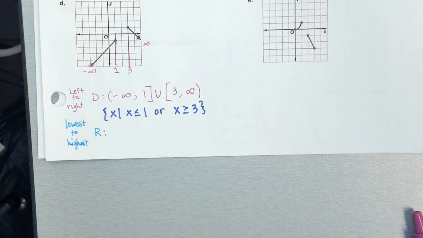So interval notation has the parentheses or the bracket. Oh, well, this one is kind of hard. Maybe just identify on the graph where the lowest value is and where the highest value is. Okay, do that for me. Where's the lowest value? Where's the highest value?